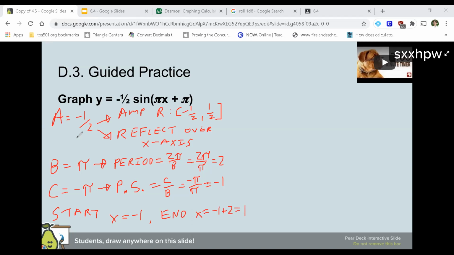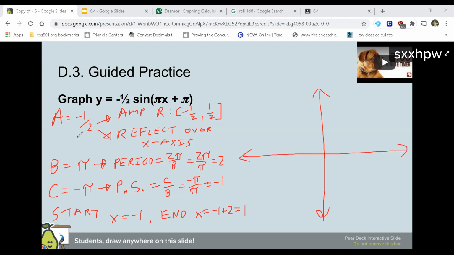If you told me that c was positive pi instead, really the only difference is you'll start at 1 and end at 3. So you're just going to graph a different cycle than we did. You'll graph the second cycle. And again, that's not a big deal. That's okay.